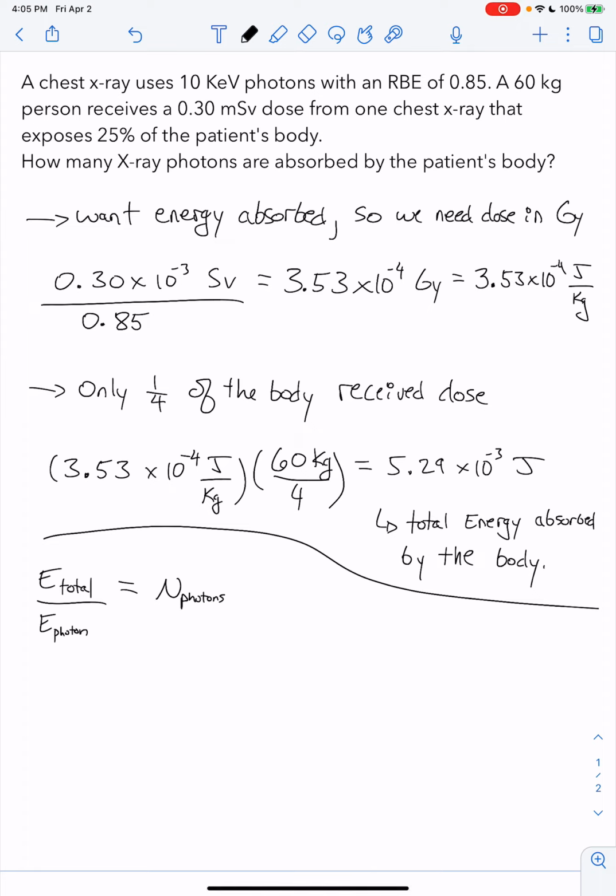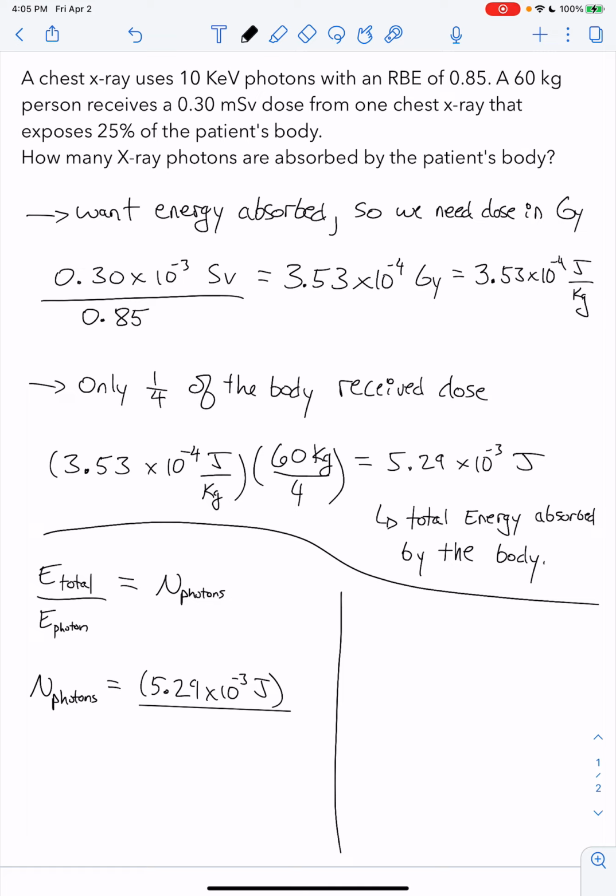No problem. Well, okay, the number of photons is equal to the total energy, so 5.29 times 10 to the negative 3 joules divided by the energy per photon.